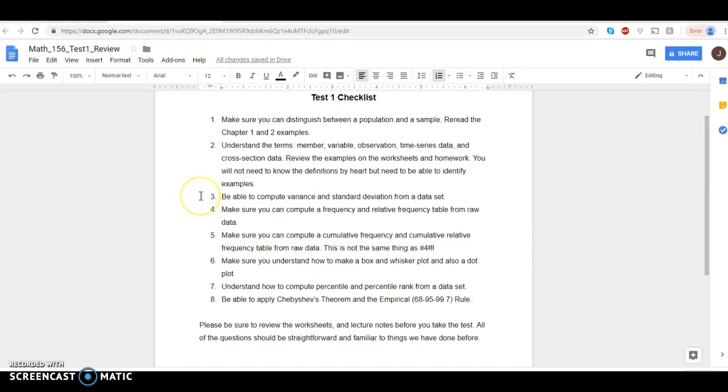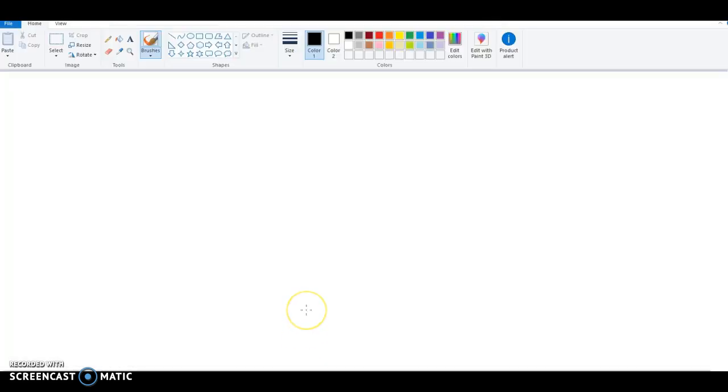All right, number 3, compute variance and standard deviation from a data set. We just want to do something small here. It's going to be a by-hand example. The easiest way to do that typically is making a chart. So let's compute the variance and standard deviation of a pretty small data set.